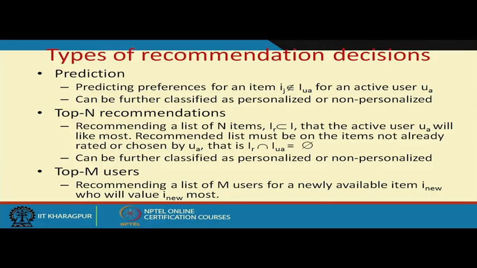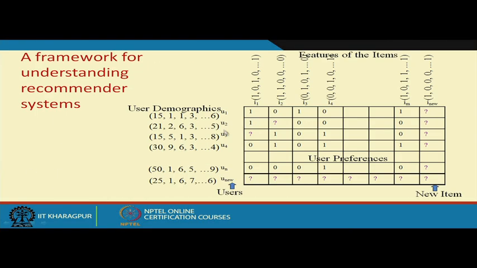Now, what are the various types of recommender system decisions, which I already told you. First, predicting the preference of an item for an active user. This is prediction. Let us say this is the active user, and what is the predicted rating for this item which he has never seen?